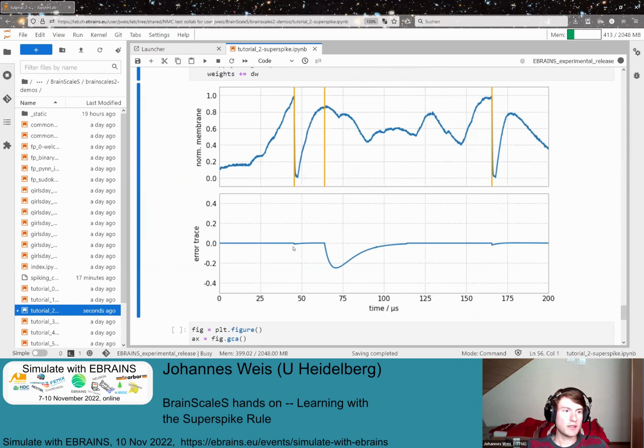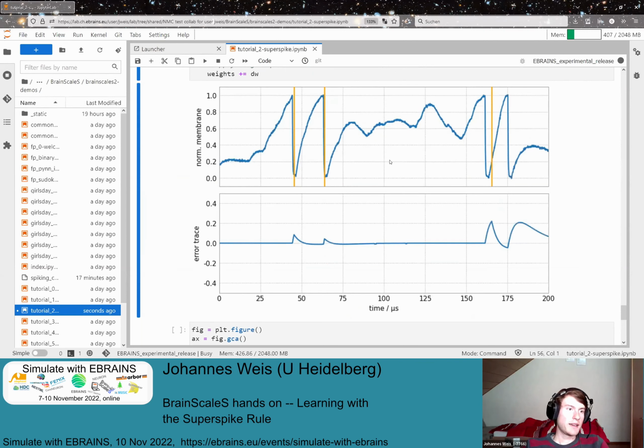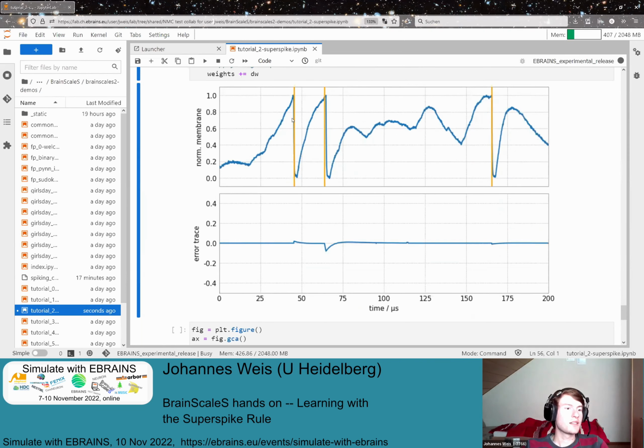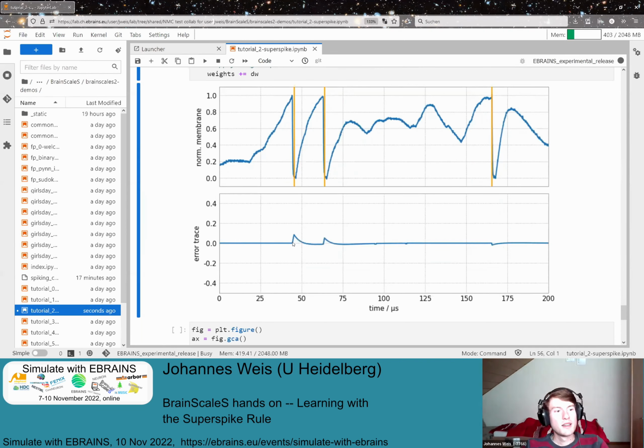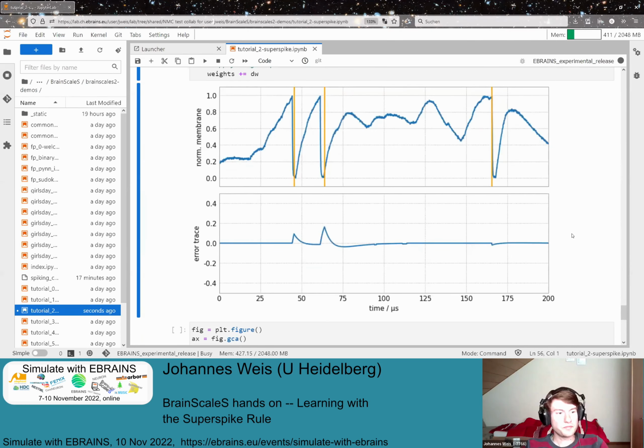So this means that our error signal plotted here below is very high in this case, that we don't have another spike. And in case we do have a spike where we are supposed to have a spike, the error signal becomes very low, as we have a positive contribution here and immediately afterwards a negative contribution to the error signal that cancel out each other pretty quickly.